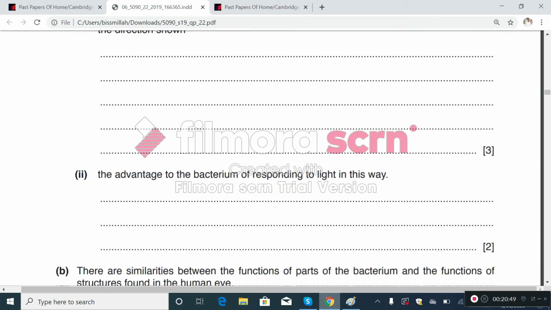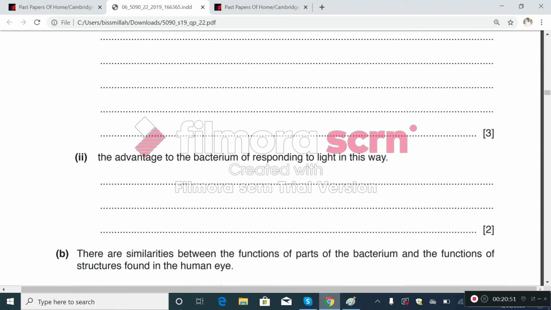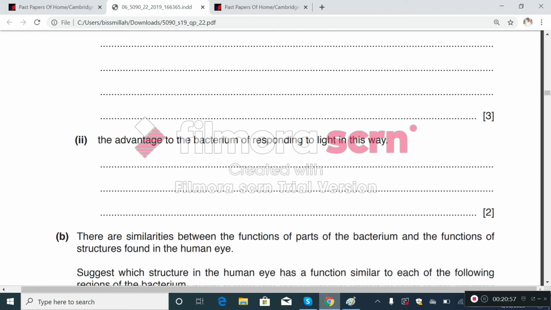In part 2, the advantage to the bacterium of responding to light in this way. So here we will link the advantage of light. First, the bacteria will detect the light and try to move towards the sunlight.